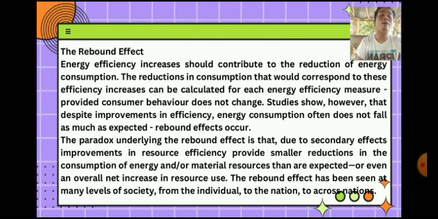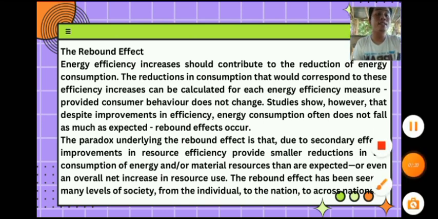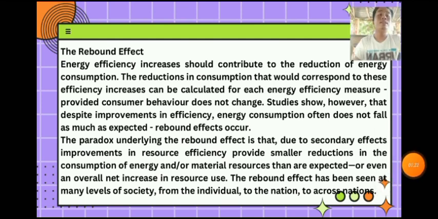Studies show, however, that despite improvements in efficiency, energy consumption often does not fall as much as expected, and rebound effects occur. So this emphasizes that not all things that we do, or exerted effort, will come into place.